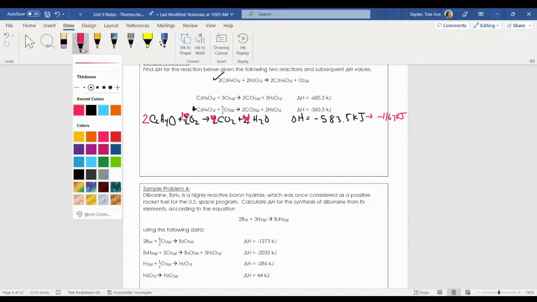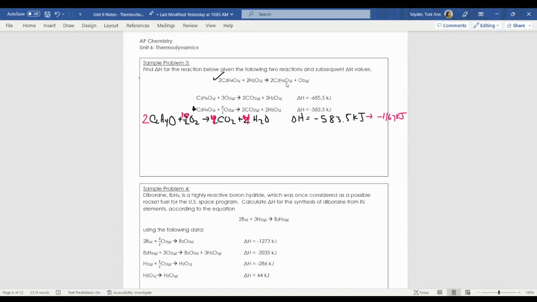Let's go ahead and manipulate that second equation. So I see that it looks like I need C2H6O as a product on the other side. So I'm going to flip this top equation. I'm going to flip it, and I get 2CO2 plus 3H2O yields C2H6O and 3O2.